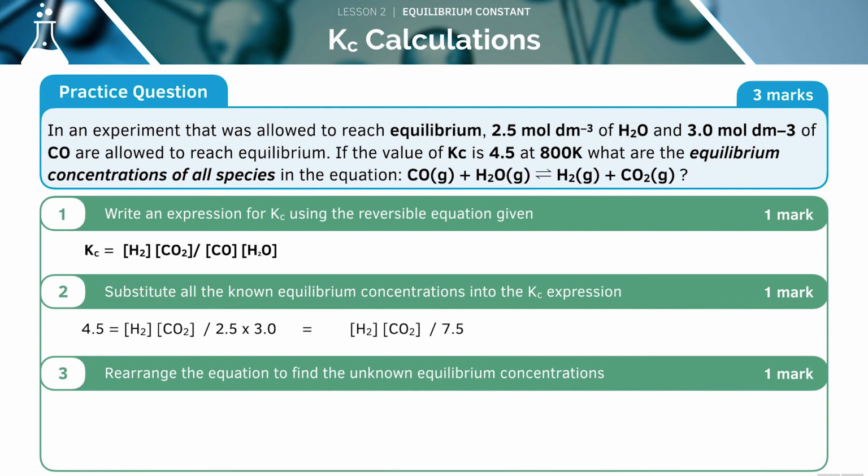Step 3 is to rearrange to find the unknown equilibrium concentrations. So here we would do H2 multiplied by CO2 is in fact going to be equal to 4.5 times 7.5, leaving us with an answer of 33.75.